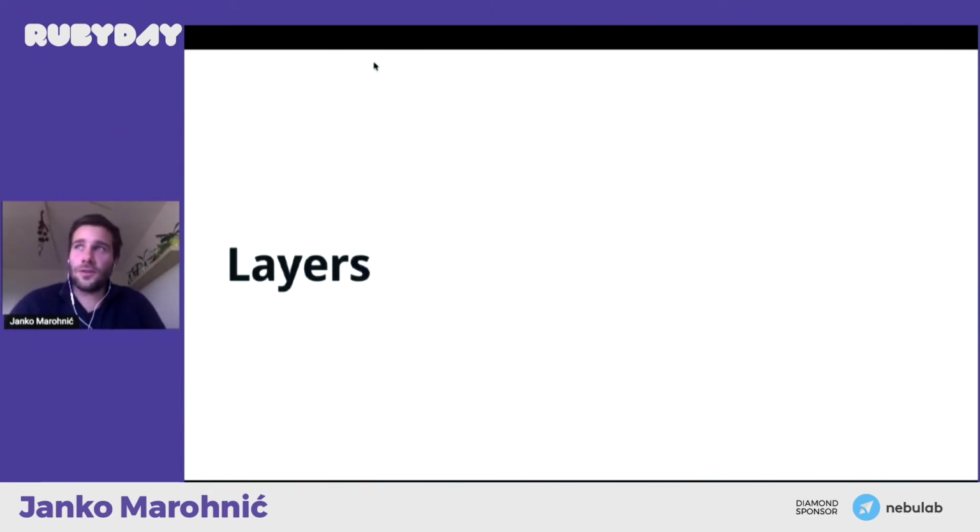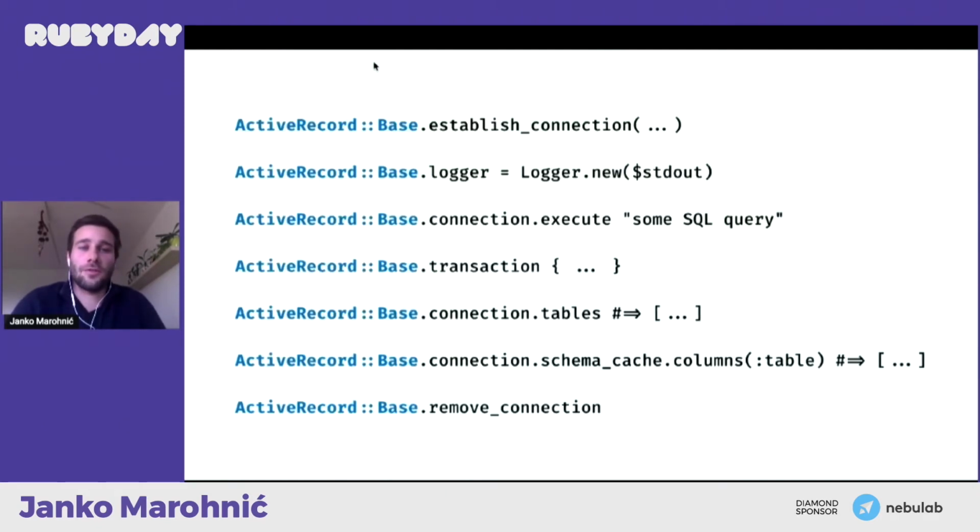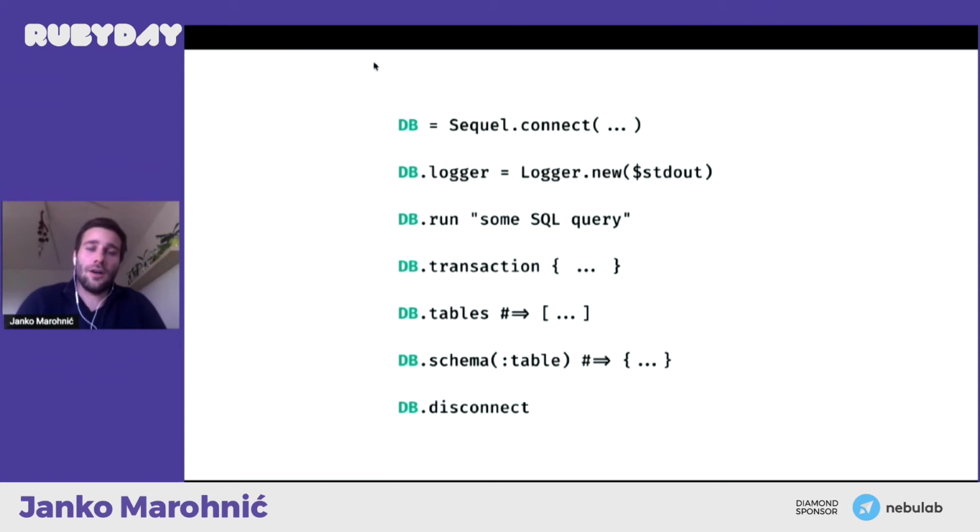SQL's design is also much more layered. In ActiveRecord, you would access pretty much everything through the ActiveRecord base class, while with SQL, you use a database object, which is returned by the SQL connect method. And you can use these database objects to perform any actions or to ask anything that's not directly related to models, but that's related to the database in general.